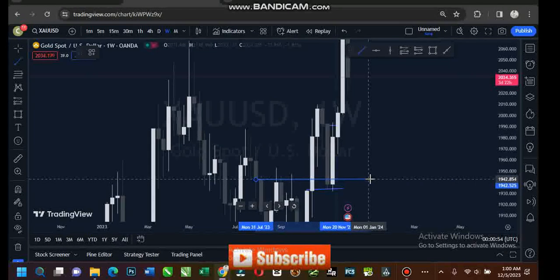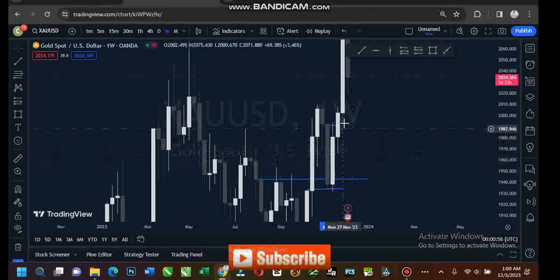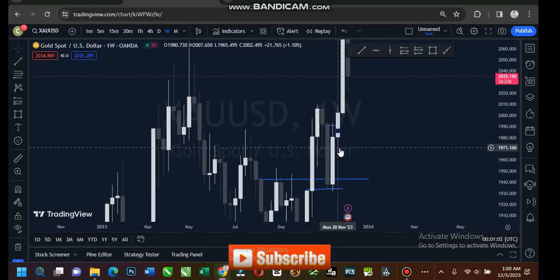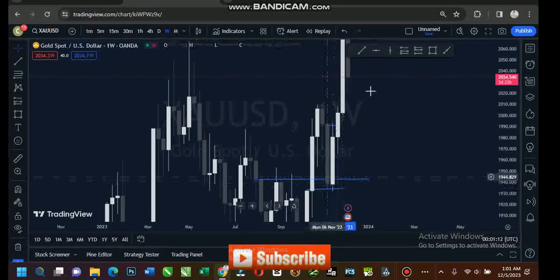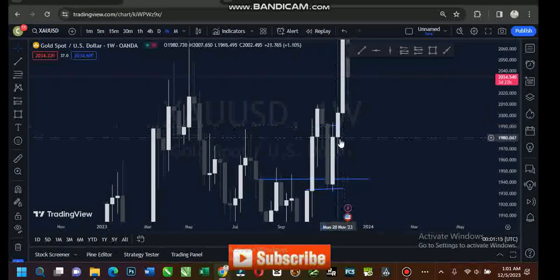What do I mean by this? For instance, this particular candle here hasn't formed. Let's say the week is just opening. What are we expecting? Since the market is on a weekly bullish storyline, we expect the market to sell from this point to this point, then buy from this particular point up. The week just begins right here.